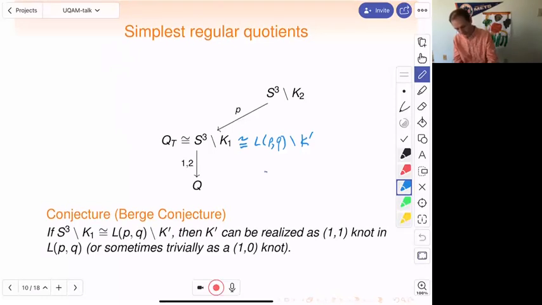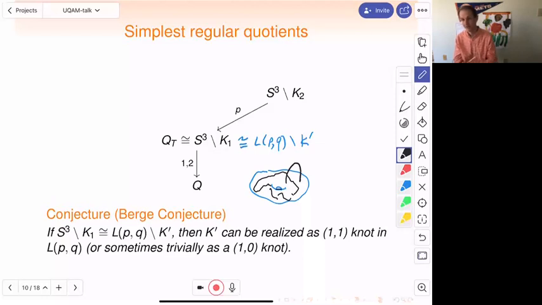So what it's saying is that you take a Heegaard splitting for LPQ, and then we would put the knot mostly on the Heegaard surface, but we might need to have at most one bridge, right? And in fact, if we want things to be hyperbolic, we'll need exactly one bridge to realize this LPQ minus K prime.